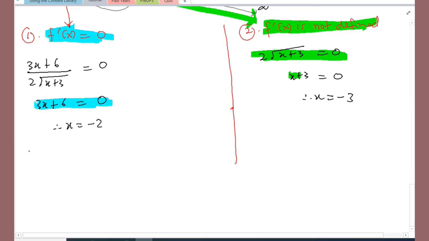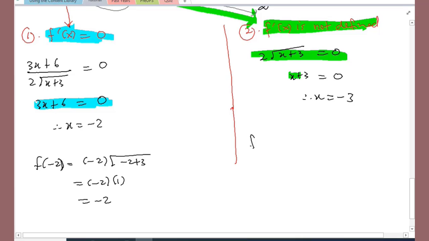So substitute. f of negative 2 is equal to 2. f of negative 3 is 0, right? So this is equal to 0.